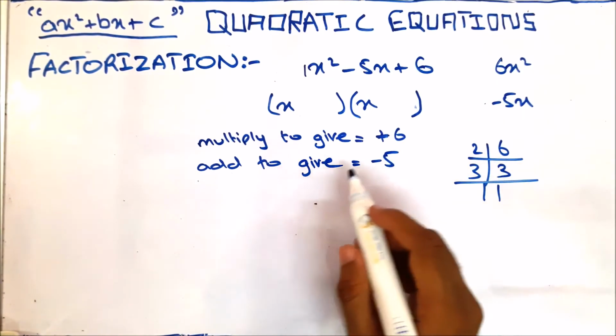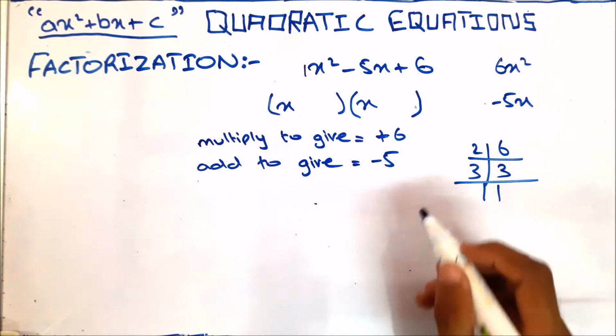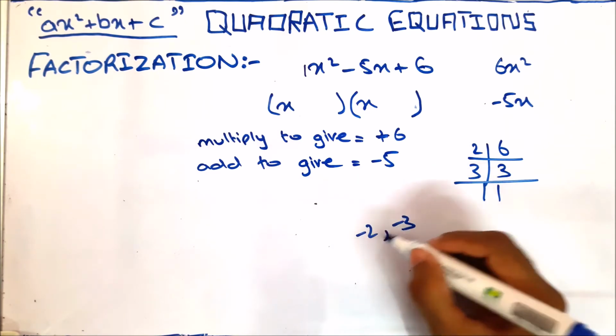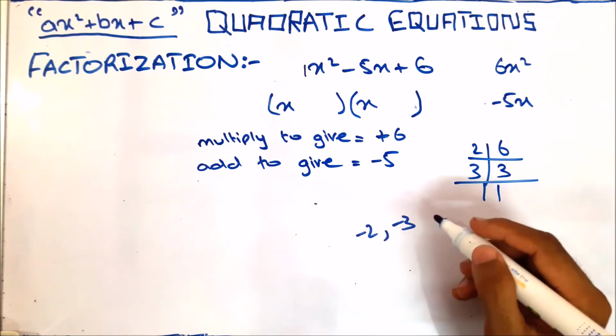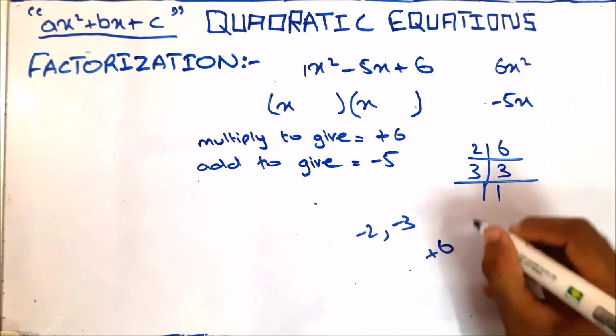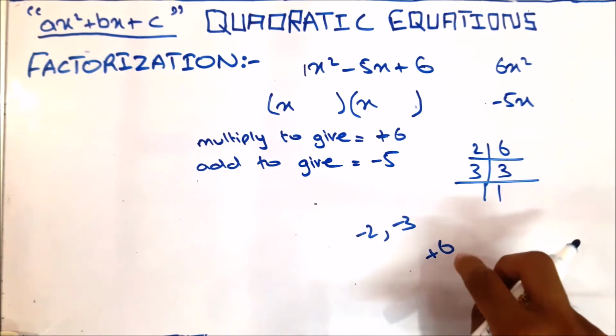And how do we get minus 5? We can get it when we add minus 2 and minus 3. And you can see that when we multiply minus 2 with minus 3 we get a positive 6. And here we have a positive 6. So these two numbers will work.